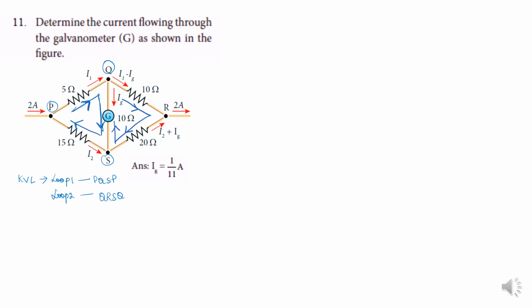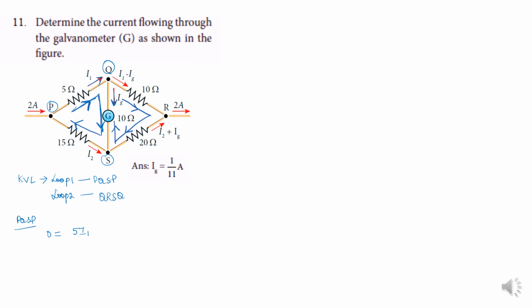There is no EMF source here, so the left side is 0 for P, Q, S, P. The left side is 0, which is equal to, I go this way, and the current direction is also the same as the trace direction. So this is 5I1, and the trace direction comes down and the current direction Ig is also downward.